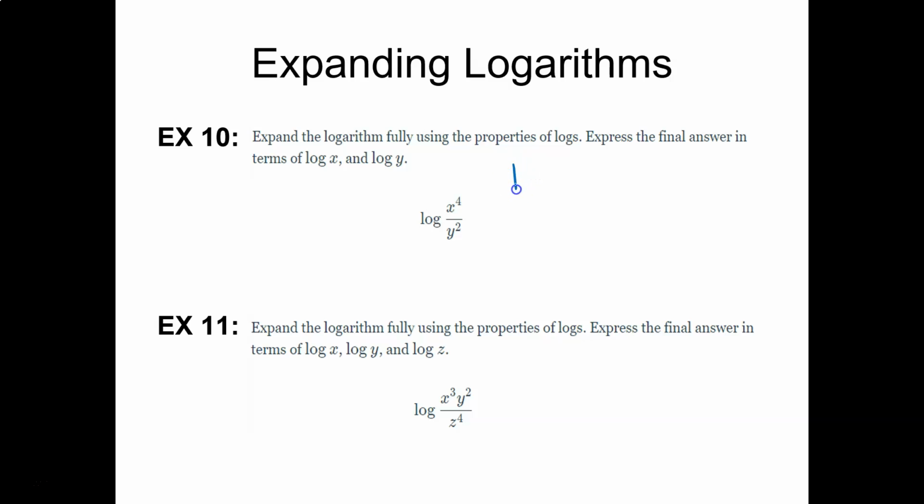So that would look like this, log of x to the 4th minus log of y squared. And what I find is students sometimes type this answer in. And it is equivalent to the original, but it's not expanded completely because you still have these exponents that you could take out. So we want to take those exponents out and make them coefficients. So we would have 4 log x minus 2 log y.